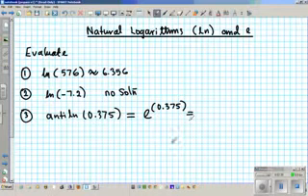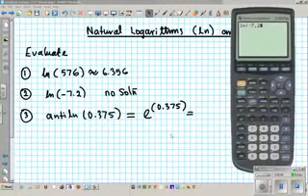Okay? So that's what we're going to enter in our calculator. Second function e, let me clear this out. Second function e to the 0.375.